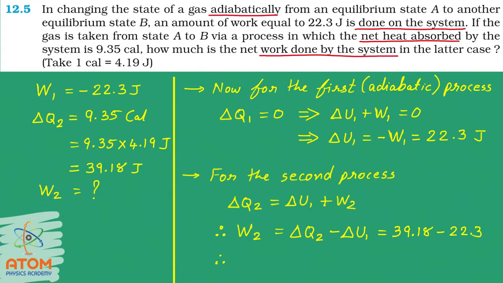So that will give us W2, and W2 will be equal to 16.9 joule. So that is our answer, that W2 will be equal to 16.9 joule. So in the second process, work done by the system is 16.9 joule. Here this work is positive, so we can say it is work done by the system.